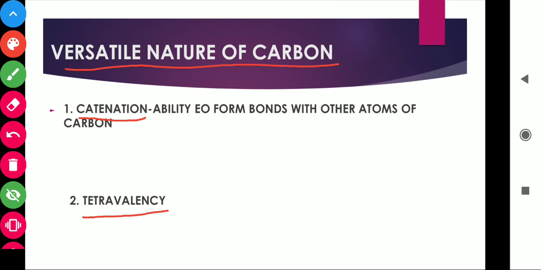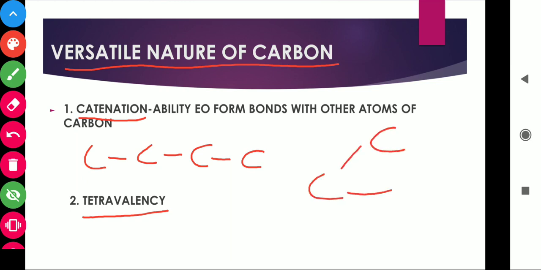What is catenation? Catenation is the ability of carbon to form bonds with other atoms of carbon. Carbon with its own atoms, that is carbon and carbon get linked. That is called catenation. And this catenation is C-C-C.